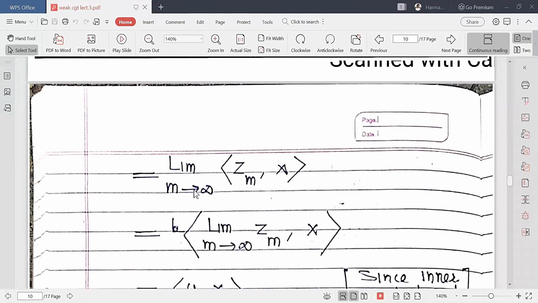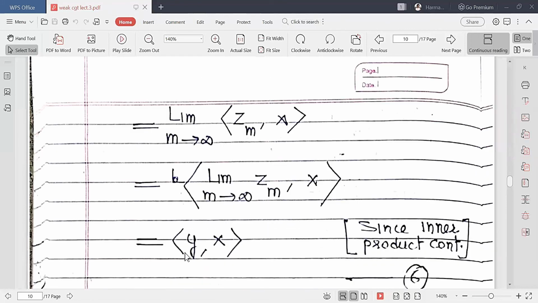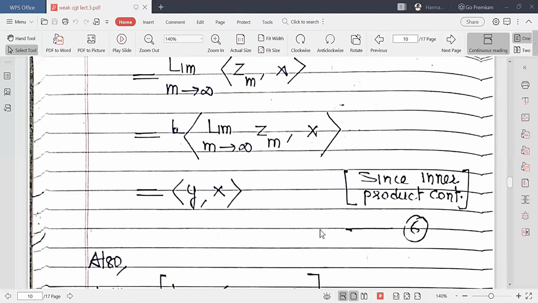Now again, since the inner product is continuous, this limit can be taken inside. So the inner product of the limit as m approaches infinity of zm, comma x, this value is equal to the inner product of y comma x. So this is by equation number 6.